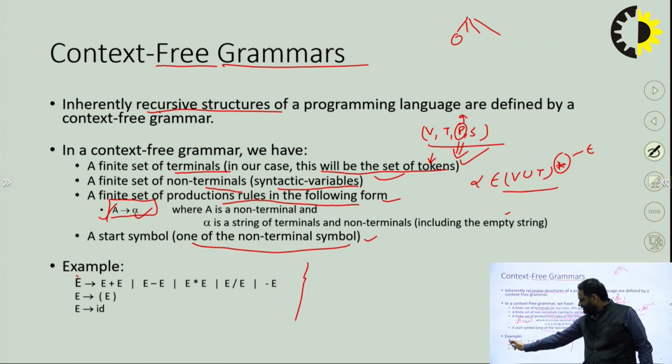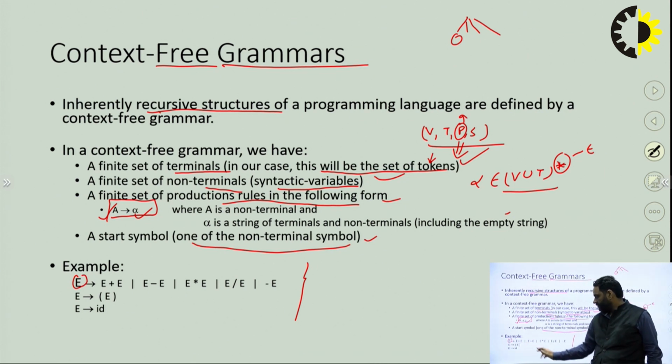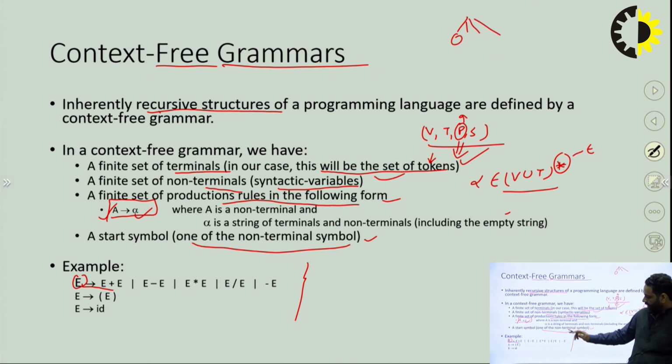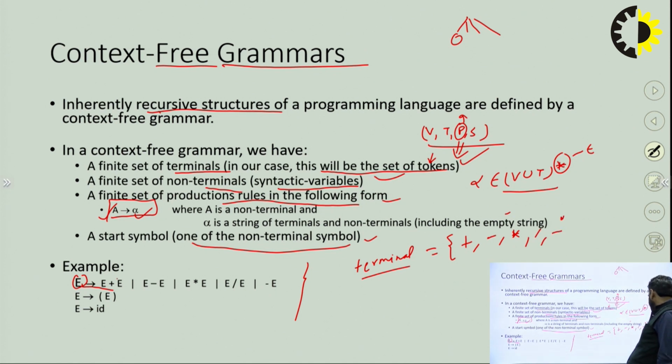We have starting symbol E, with a number of productions. The first production is E gives E plus E. If we talk about this grammar, then we have a number of terminals. First of those is the plus sign, then we have the minus operator, then the asterisk operator, then the divide operator, then unary minus, which is a unary operator.